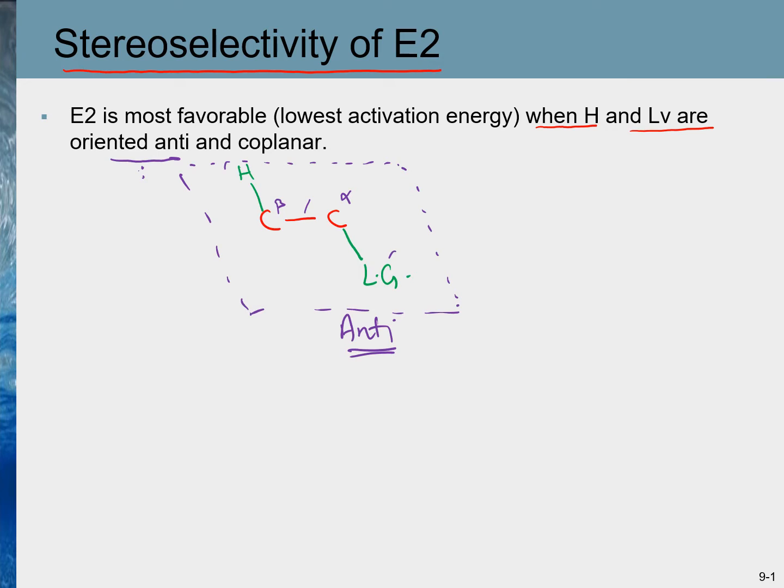Now both the alpha and beta carbons are also connected with other elements by covalent bonds. So let's show those bonds also. For example, the alpha carbon may be connected with A, and it's coming towards the viewer, and B is going away from the viewer.